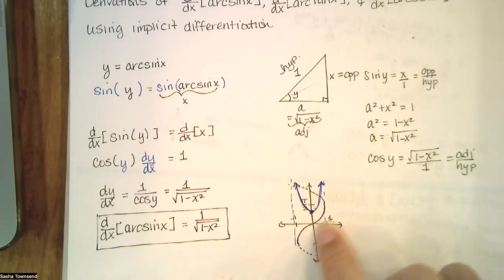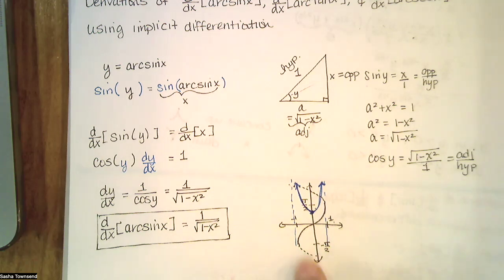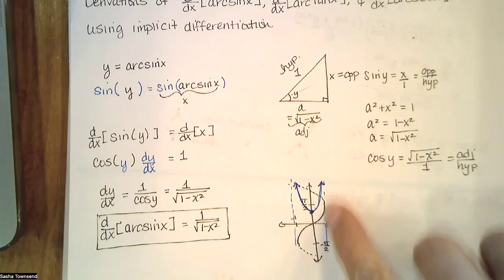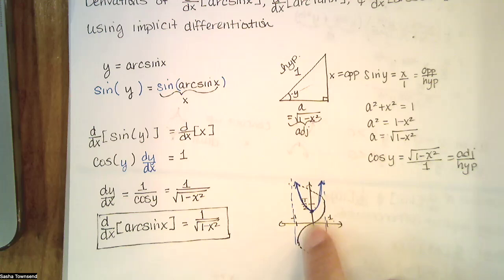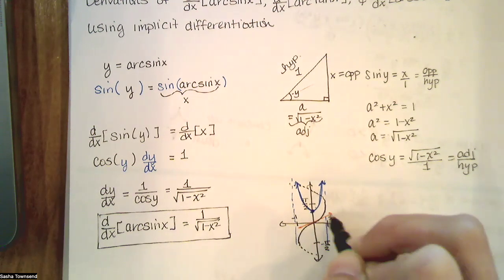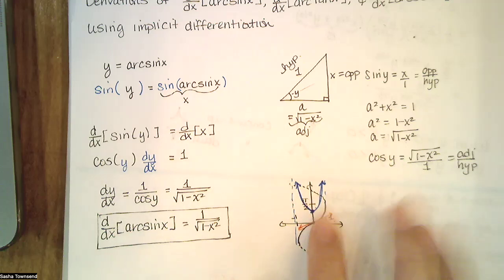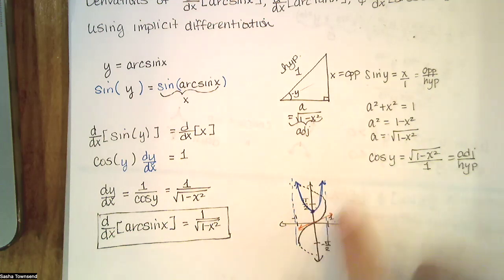When you look at this arcsine graph, if you draw the tangent lines, they all have positive slope. This is a very, very steep positive slope, and the line over here would be a very steep positive slope, but this one in the middle, if I drew a line, it would just have sort of an ordinary slope of say 1 or so at that location. So hopefully that makes sense.